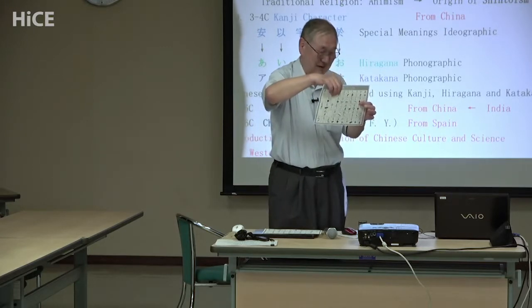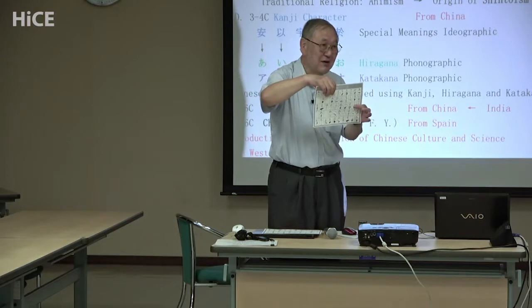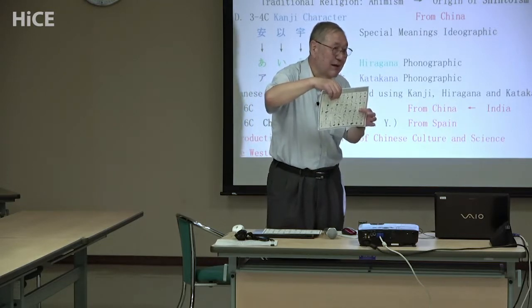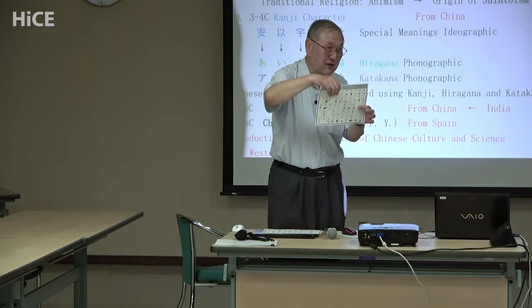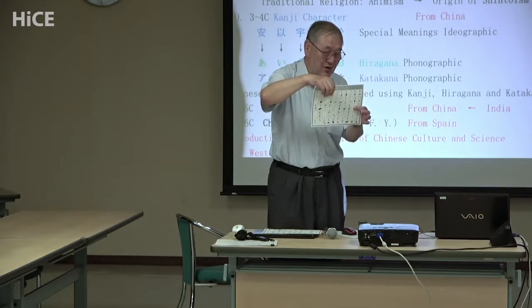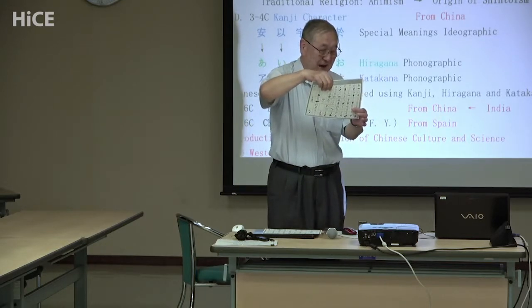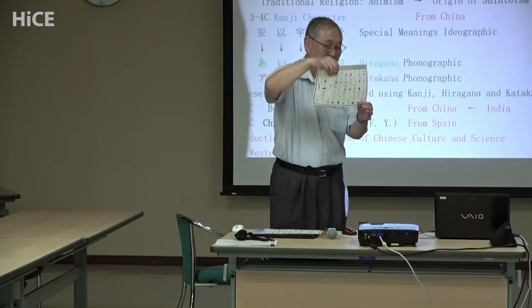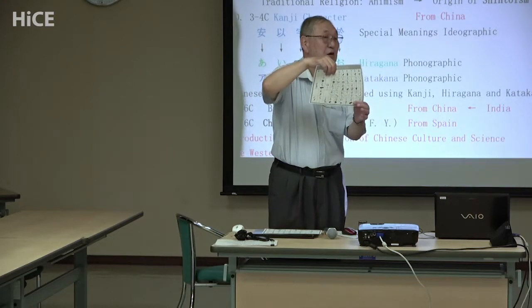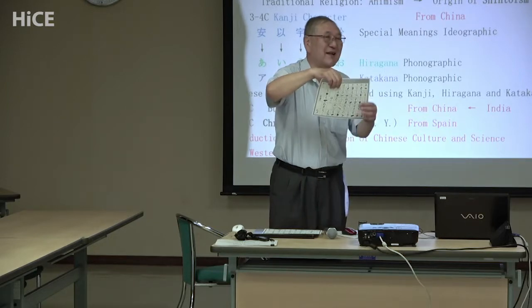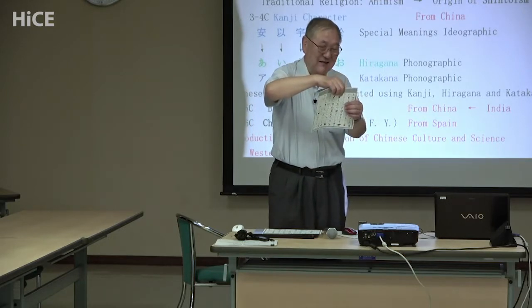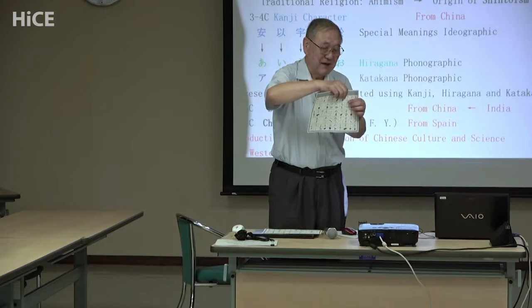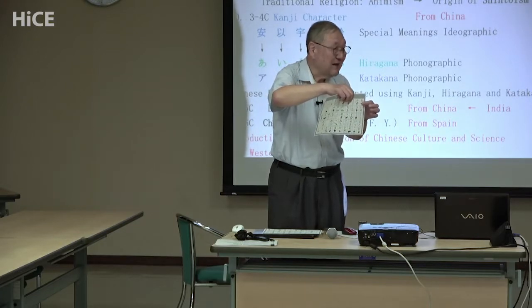This is phonographic. And ku, K-U, ku. Okay. Next, K-E, ke. And K-O, then ko. Okay. Then the next sound is S. And S-A, sa.